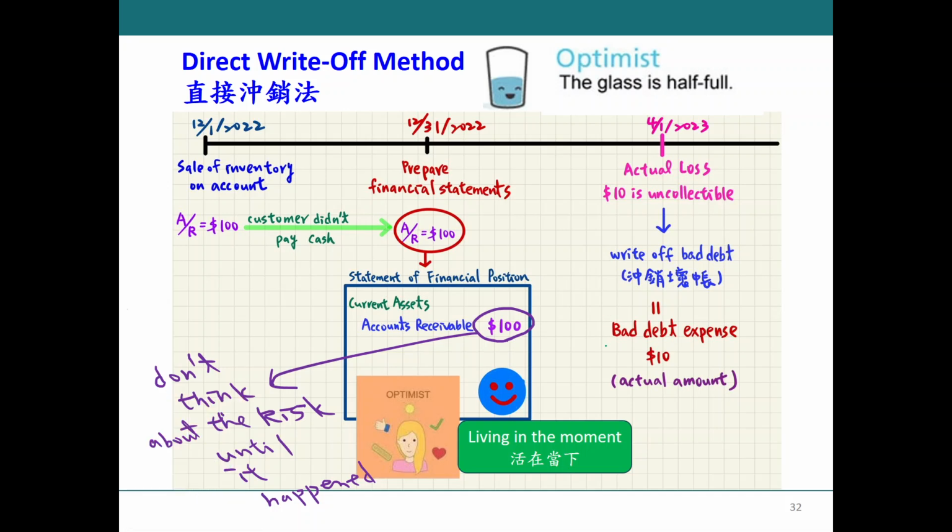That's why the $10 is actual, is true. Any questions?